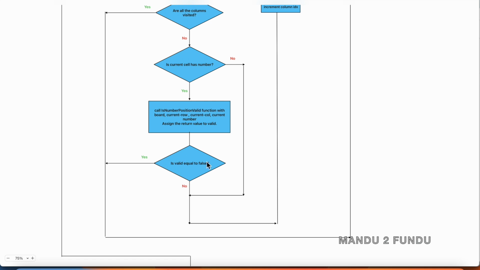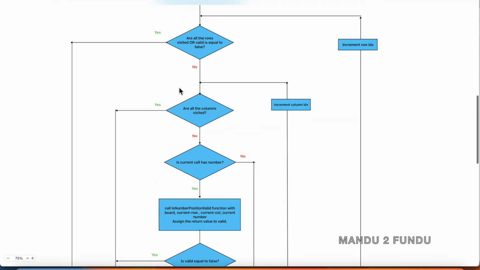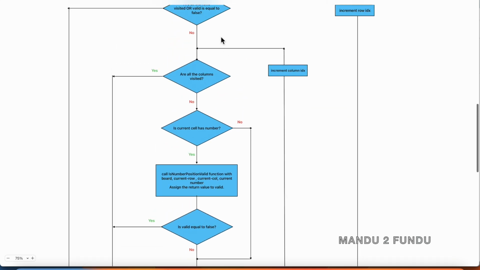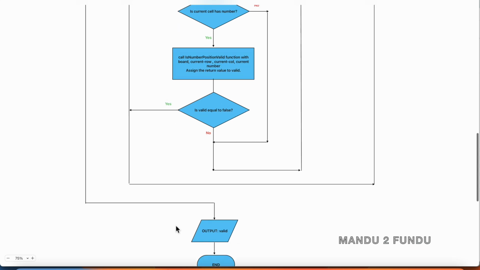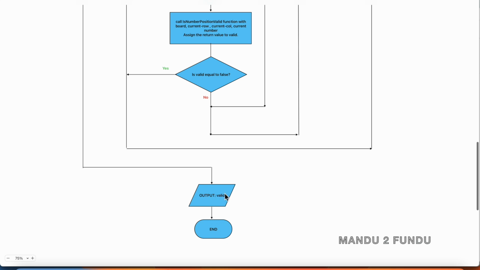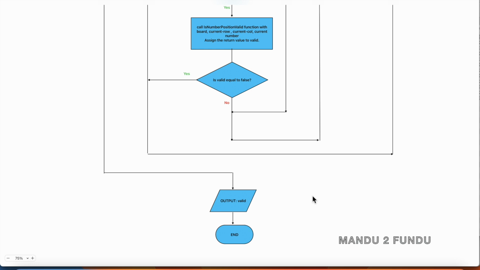If the cell is not valid, then we break out of the inner loop, and the outer loop also breaks because we check both conditions, whether we are visiting all the rows and valid is true. If all the numbers are in valid positions, finally valid contains true. Otherwise, valid will contain false. Next, we look at the flowchart for the isNumberPositionValid function.